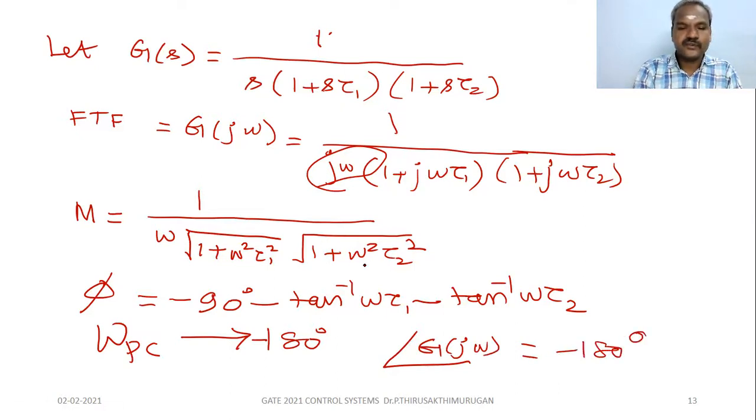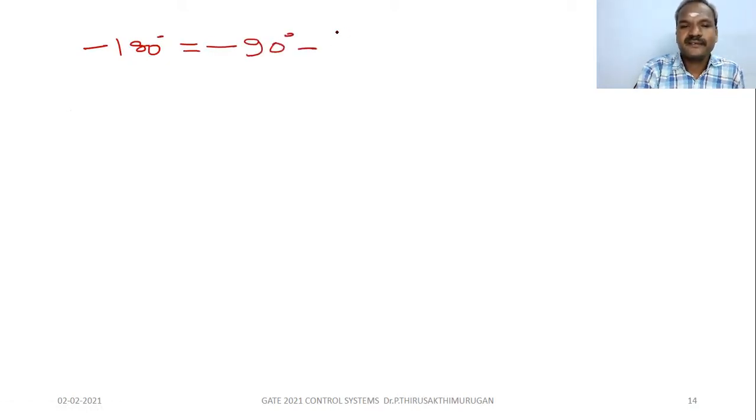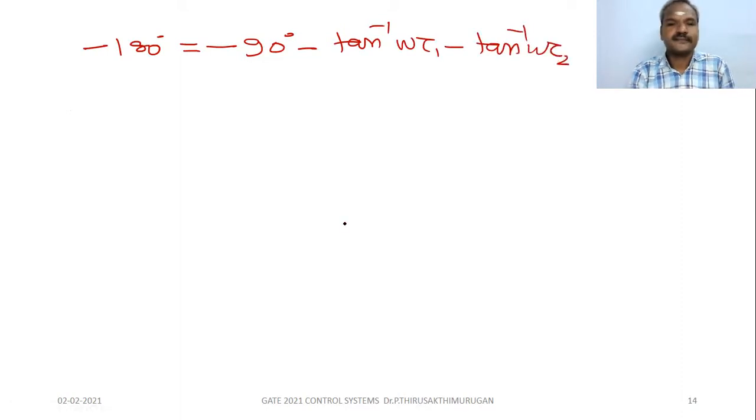So let us substitute in this expression: minus 180 degrees equal to minus 90 minus tan inverse of omega tau 1 minus tan inverse of omega tau 2. Understand? So you bring this to this side.